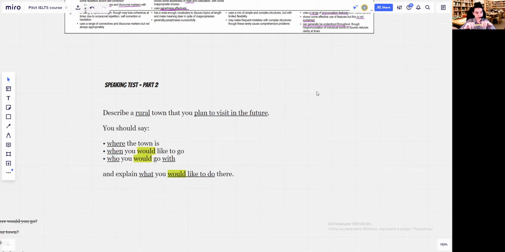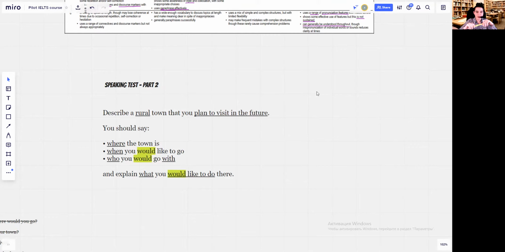What if I talked about someone else who is going to visit this town. Again, I would not fulfill the fluency and coherence criterion because the task clearly states you plan to visit in the future. Something that you would like to do there.